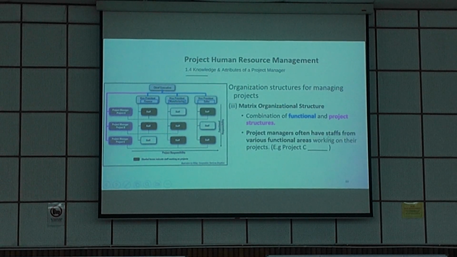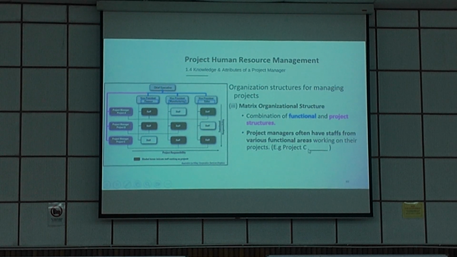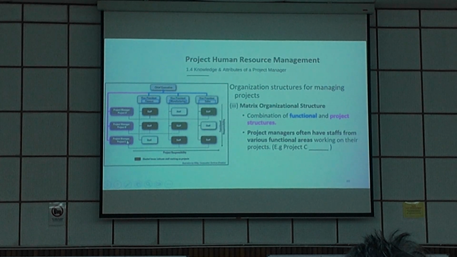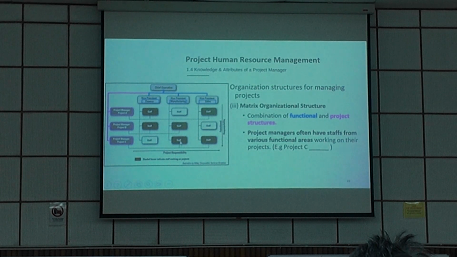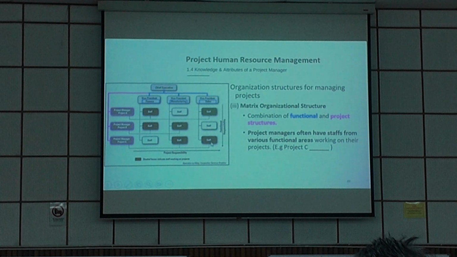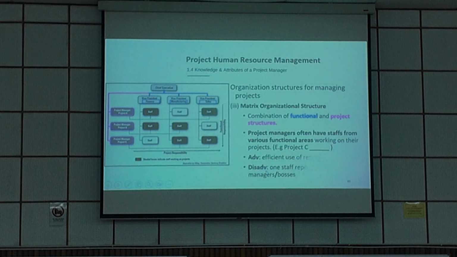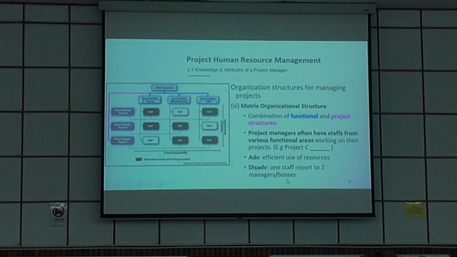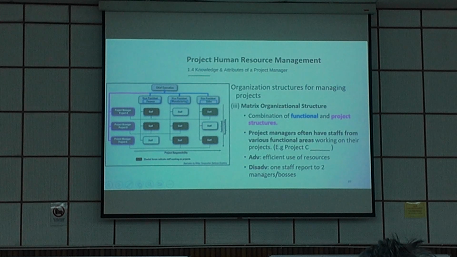Project managers often have staff from various functional areas working on the project. Example, look at project C. Project C has one staff from manufacturing and one staff from sales. Advantage is efficient use of resources. But the problem is one staff reports to two managers or bosses.